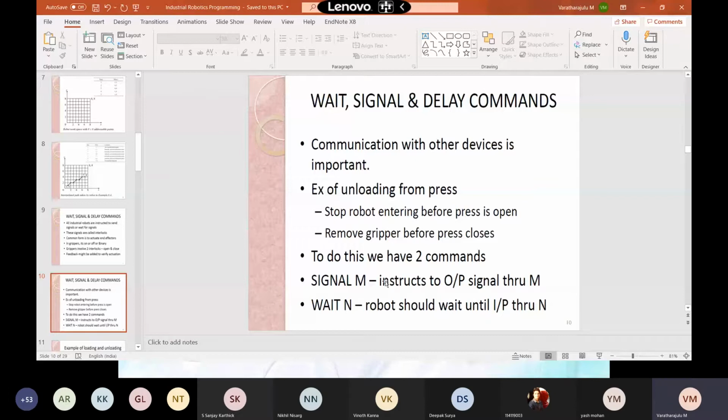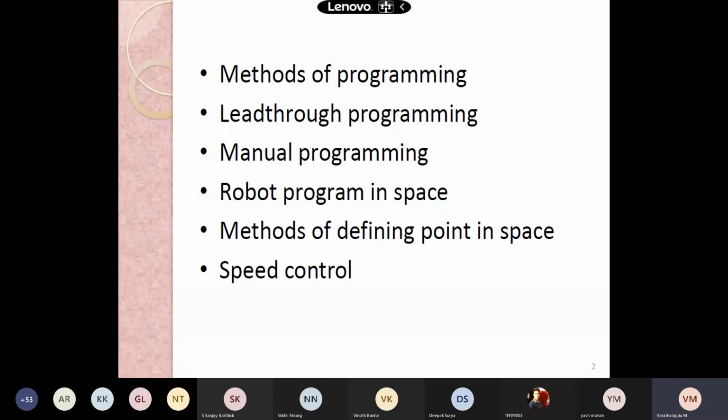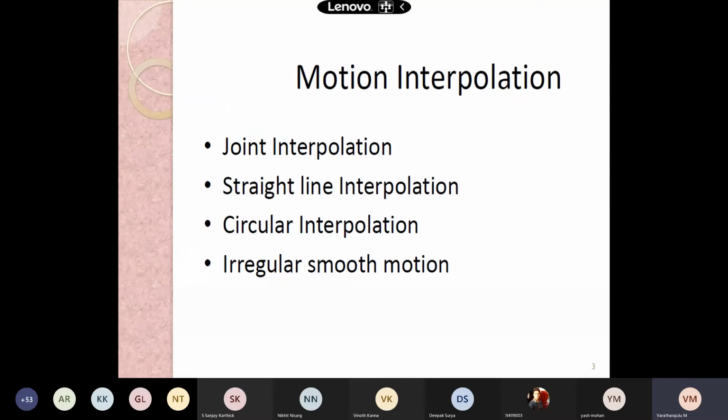This is what we are going to see today: methods of programming, lead through programming, manual programming, robot program in space, methods of defining points in space, and speed control. And what is the need to revisit the programming languages? It is the control of motion of robots having different structures and geometric capabilities.